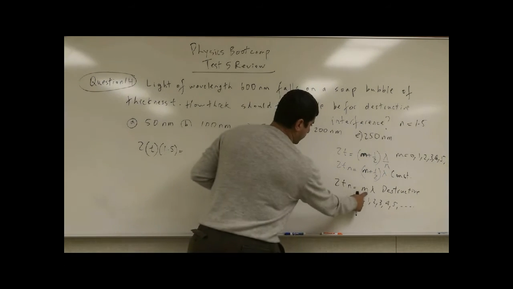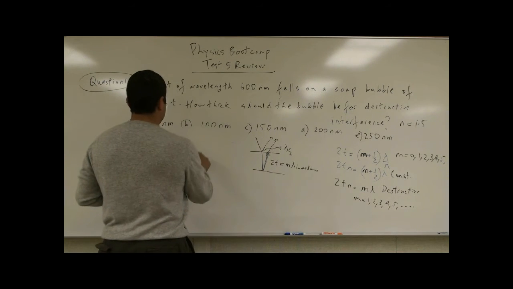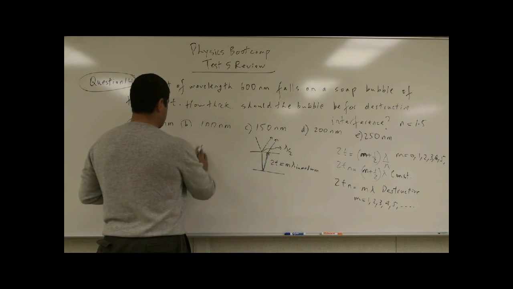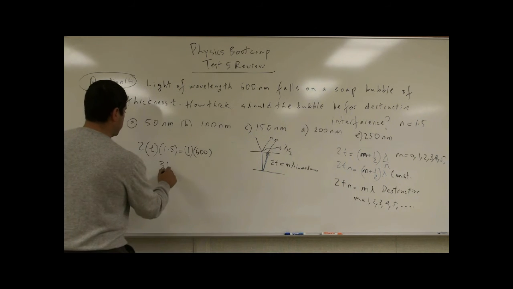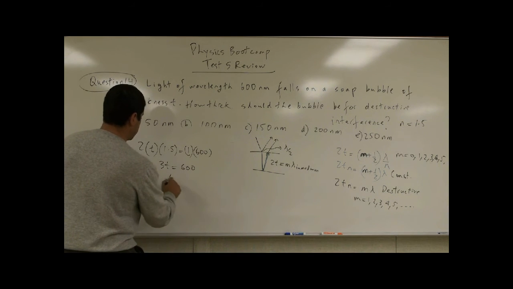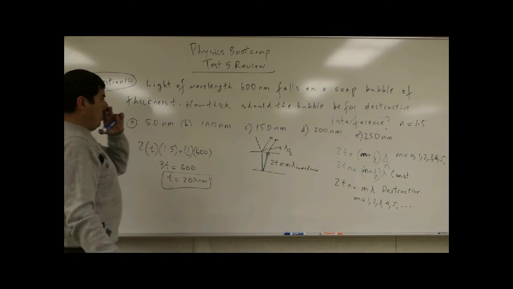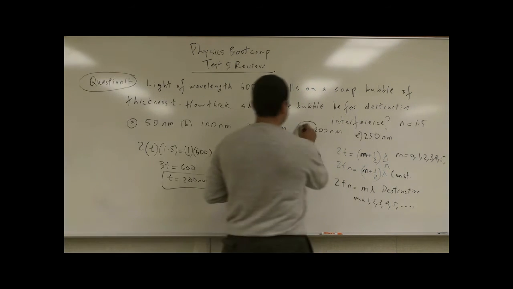We're going to put here m is 1. And then the wavelength. The wavelength actually is 600 nanometers. Okay, so this is going to be 3t is equal to 600. t is equal to 200 nanometers. So the answer is D.